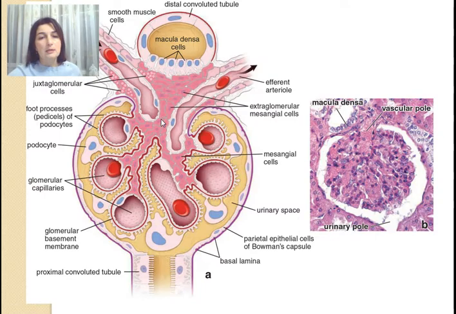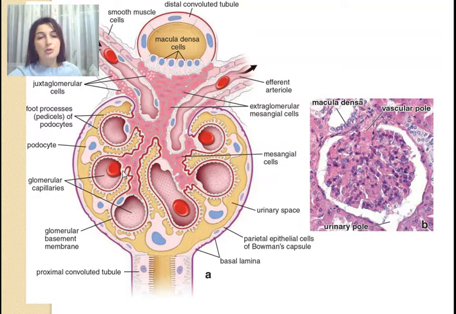Here we can see the mesangial cells. Some of them are located outside of the glomerulus, that's why they are called extraglomerular mesangial cells, and some of them are located inside of the glomerulus, between the capillaries of the glomerulus. These are intraglomerular mesangial cells. The mesangial cells are actually supporting cells.